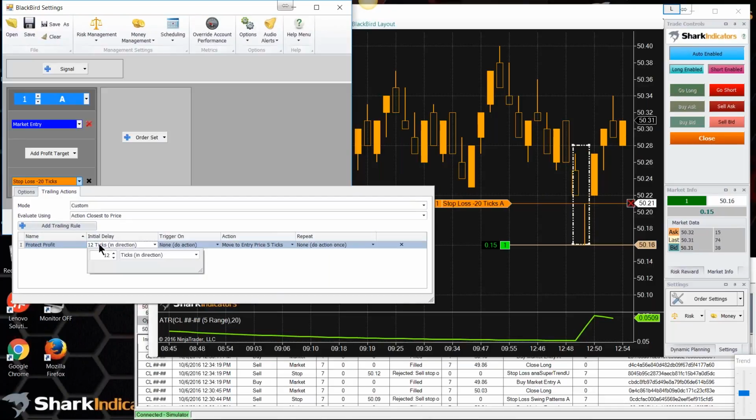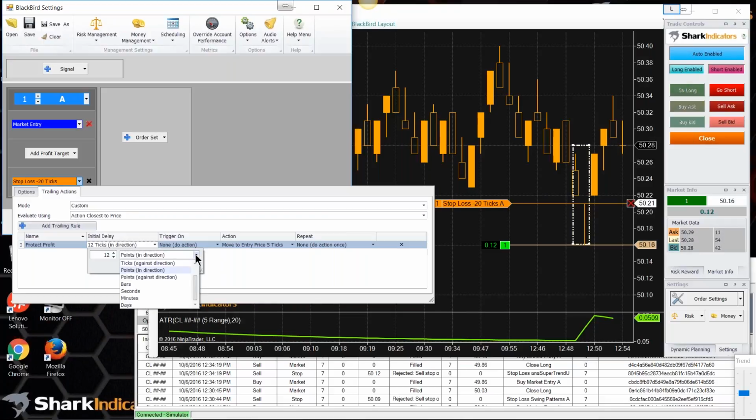And then the trailing action, there's two options here that you can use, guys. You can use the initial delay to wait for so many ticks in profit or so many points in profit. The others are basically time-based kind of things.